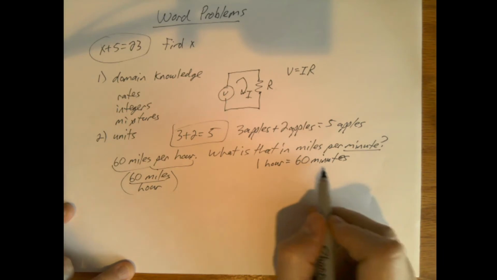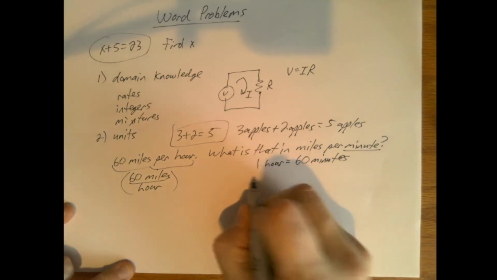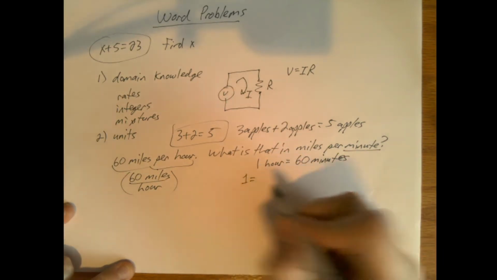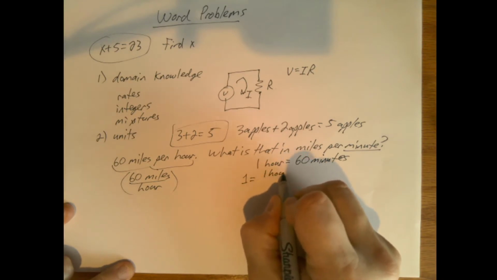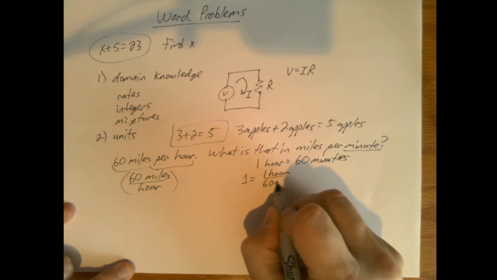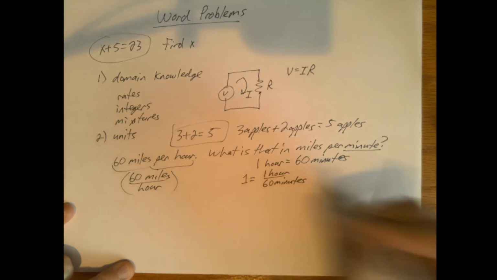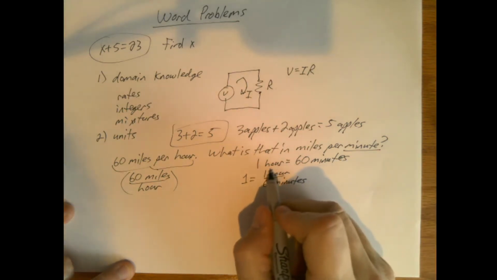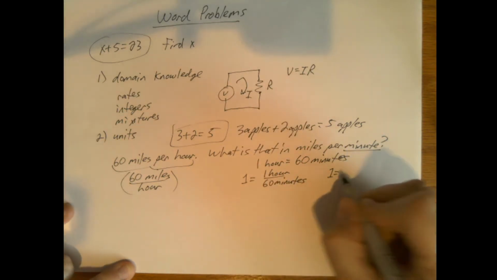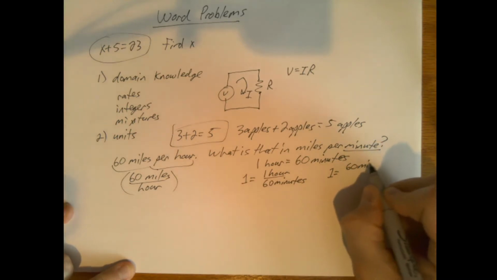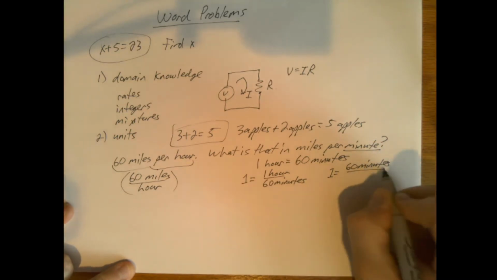If I were to divide both sides by 60, then I would get 1 is equal to 1 hour per 60 minutes. If I were to divide both sides by hours, I would get 1 is equal to 60 minutes per 1 hour.